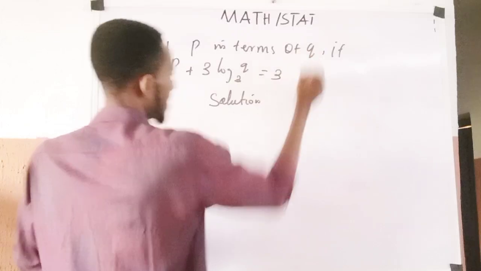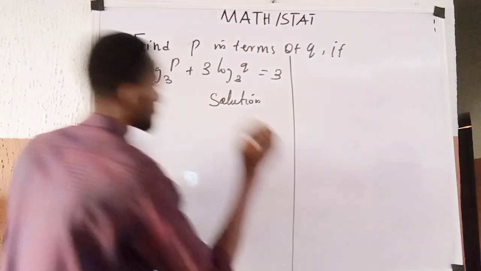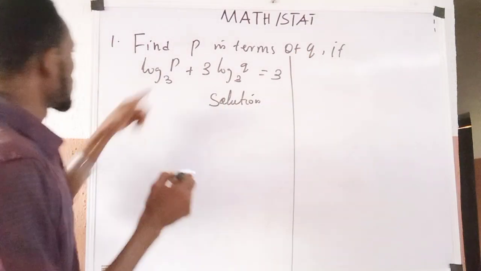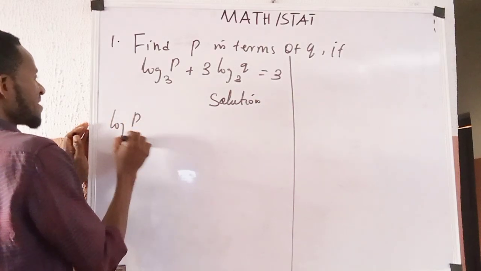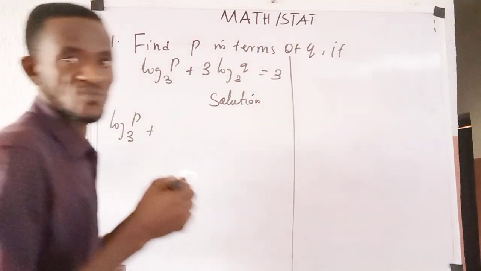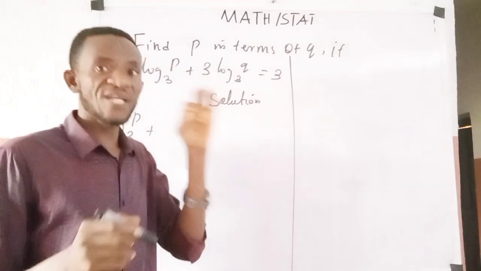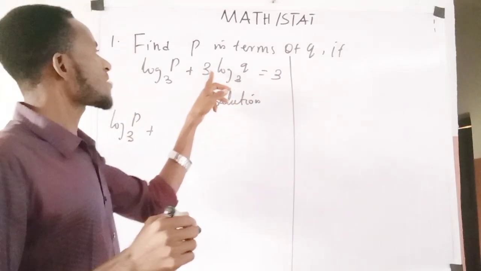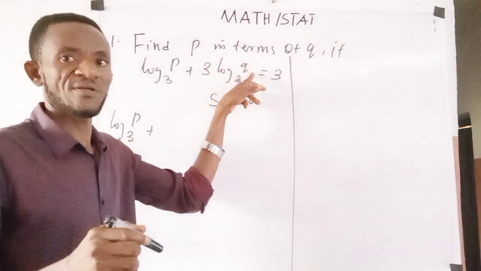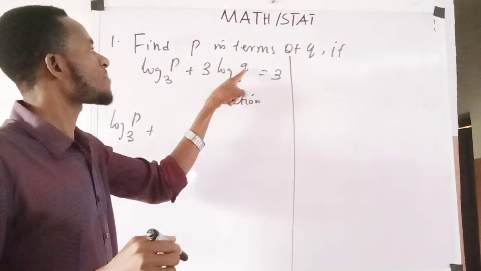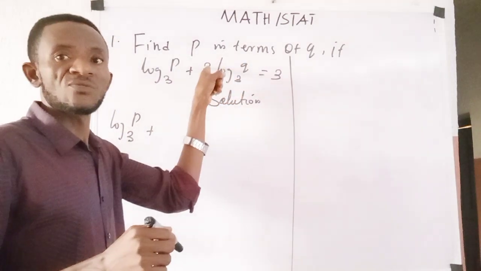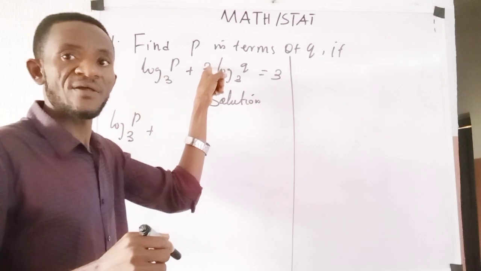So permit me to divide this board this way. What we have here is log of P base 3 plus. Remember that in logarithm, when a number is multiplying a log, it is the same thing as log of that number powered to that number.